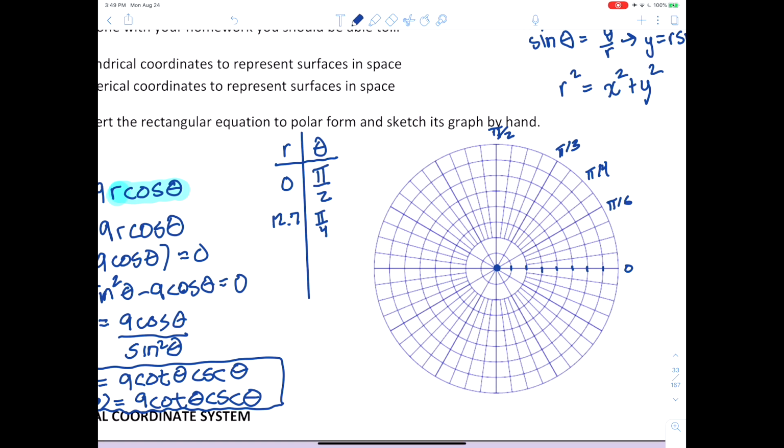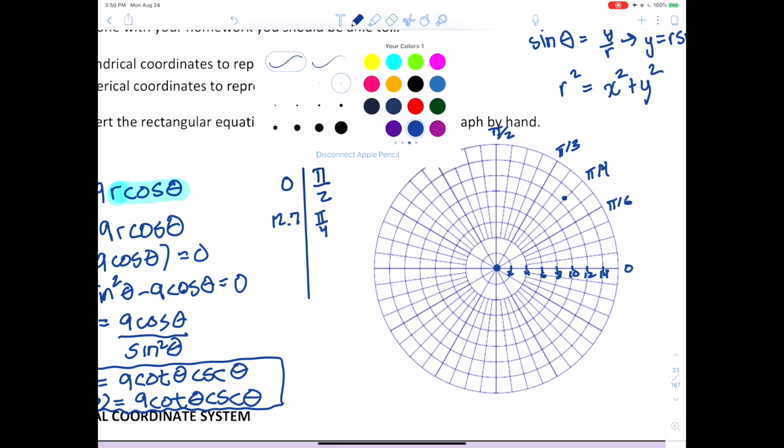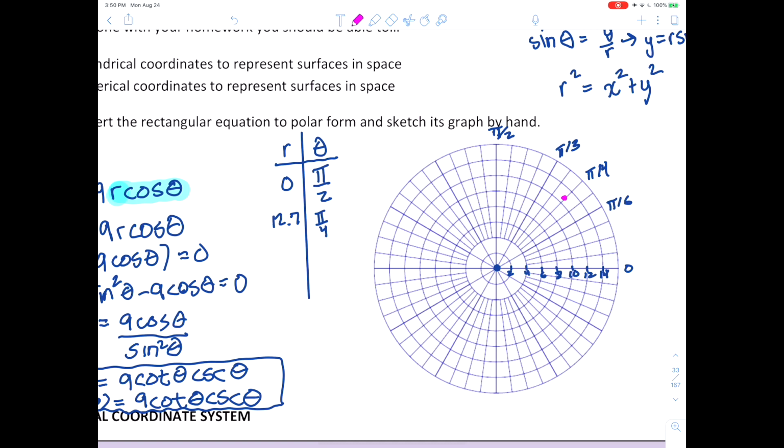So that means each of these rings is going to have to be worth 2: 4, 6, 8, 10, 12, 14. So at a pi over 4 revolution, we'll be at 12.7, which will be about right here. I'll do it in a different color. About here. Cool so far?